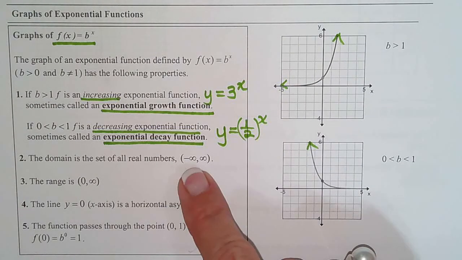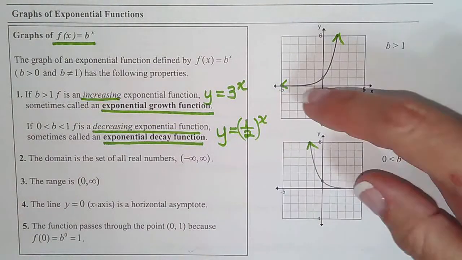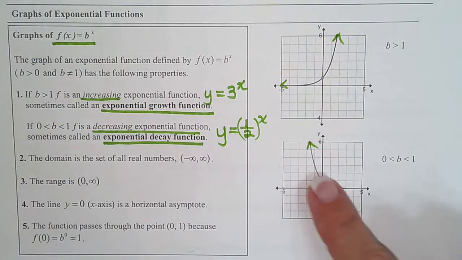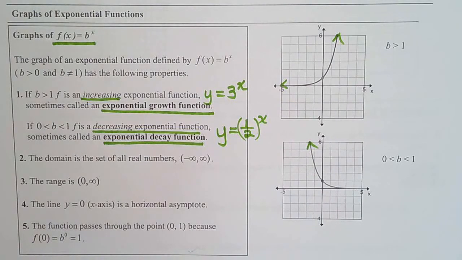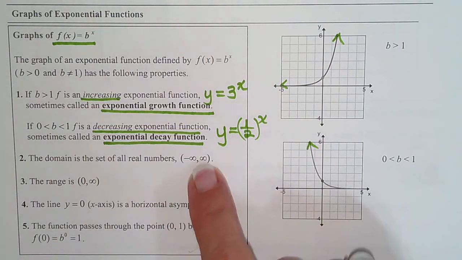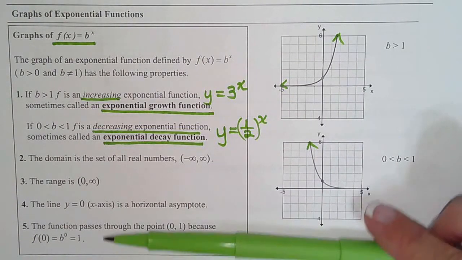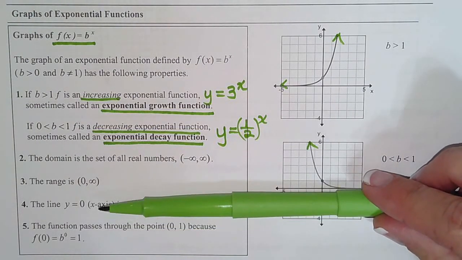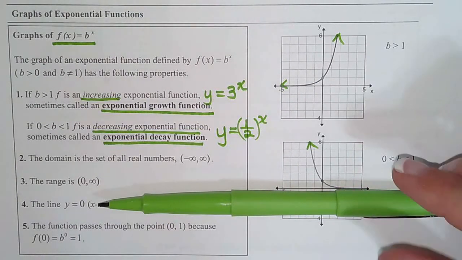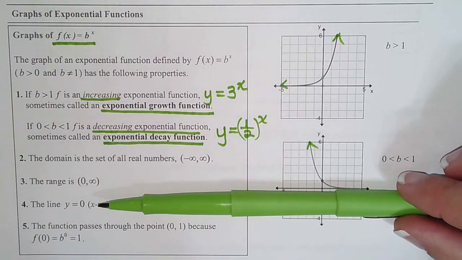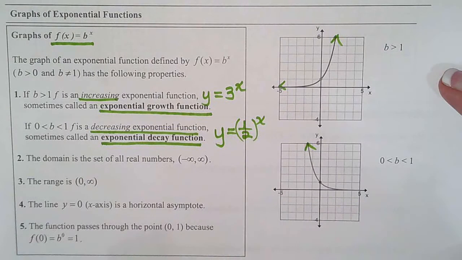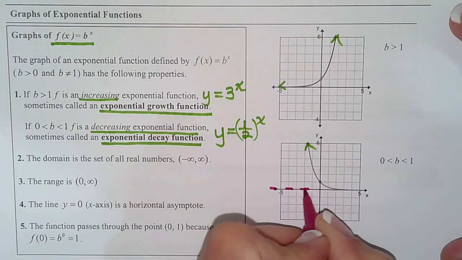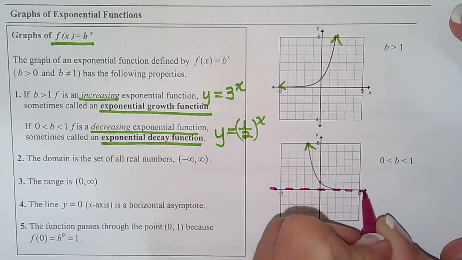Both of them, as we said earlier, have a domain of all real numbers because they go left forever, right forever. So both of them will have the same domain. Range, remember how we learned to roll the pencil? The lowest y value is 0, but what we're going to learn later is it never touches 0 because there is a horizontal asymptote here that we're going to talk about on the next page.